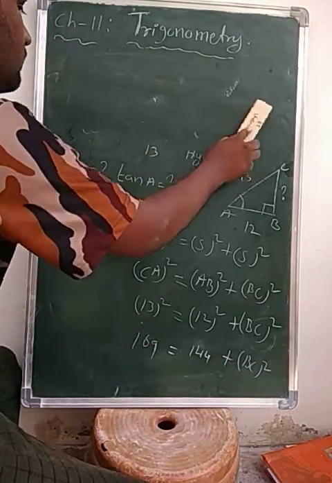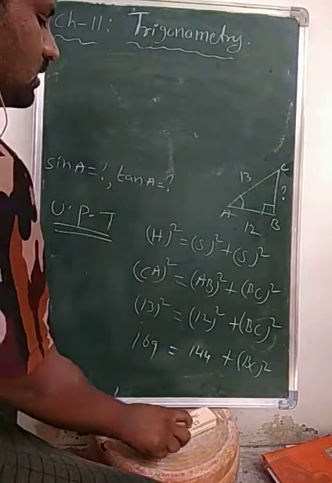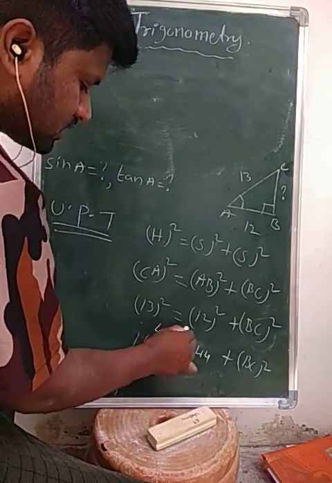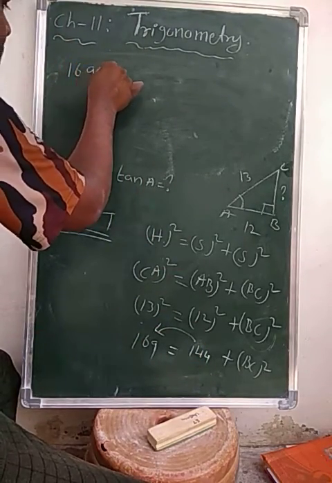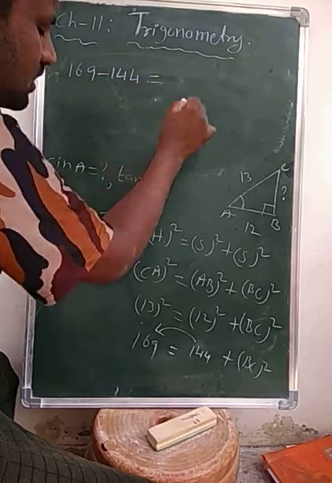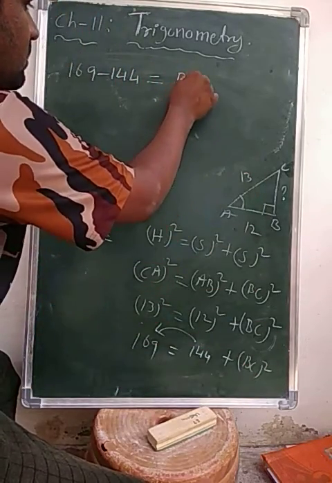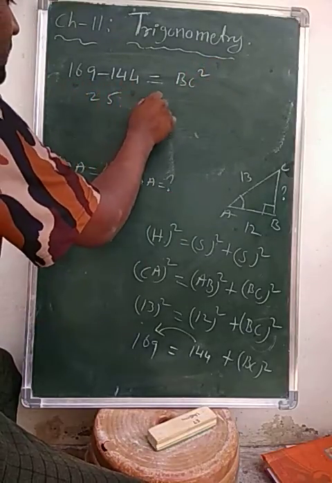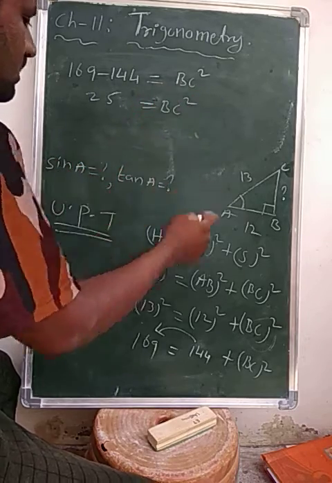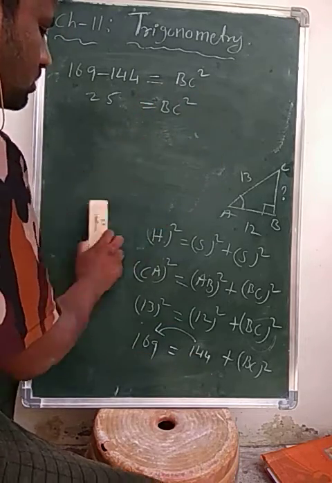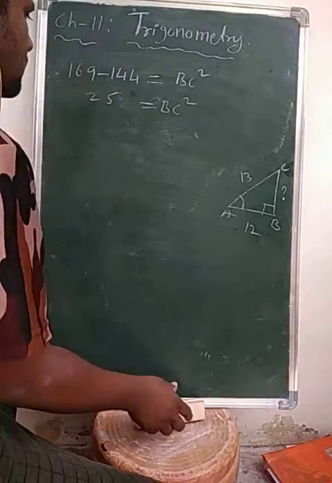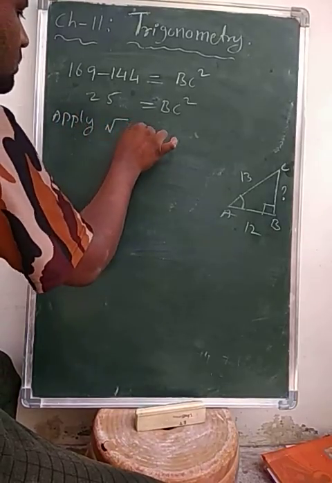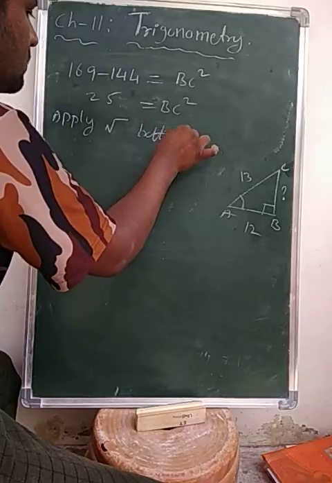Now I am transposing 144 from the RHS to the LHS. We get 169 minus 144 is equal to BC squared. 169 minus 144 is 25, which equals BC squared. So I am applying the square root on both sides.